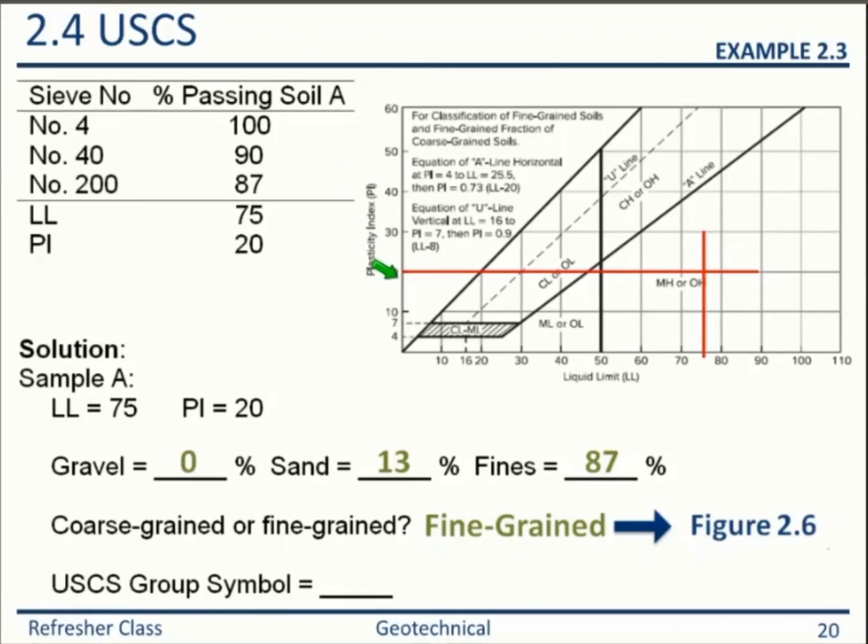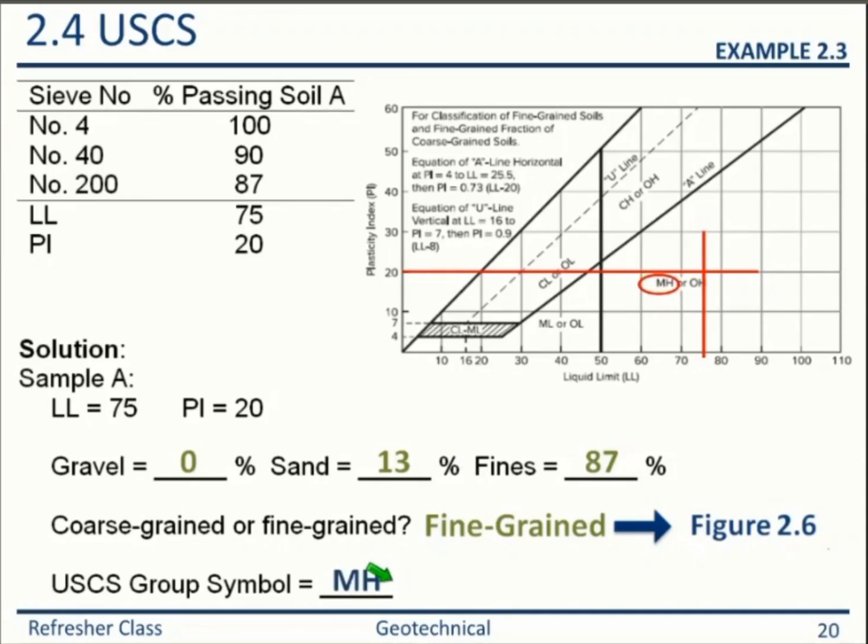It means below this line and right of this line, there are either MH or OH. Our soil is inorganic soil, so we will not classify OH soil. We will classify only the inorganic soil. Therefore, the soil sample A is without doubt MH. So this is a highly plastic silt.